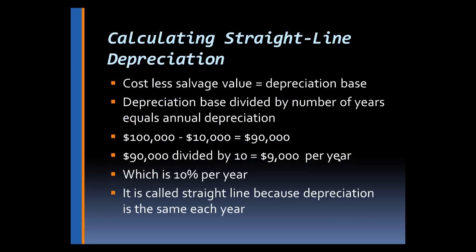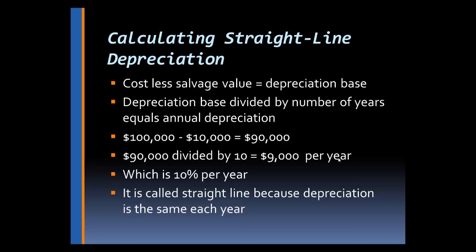So first, let's calculate straight line depreciation. Straight line depreciation is called straight line because we have the same amount of depreciation each year of the asset's life. First, we have to calculate the depreciation base. So we take the acquisition cost less the estimated salvage value to get the depreciation base.